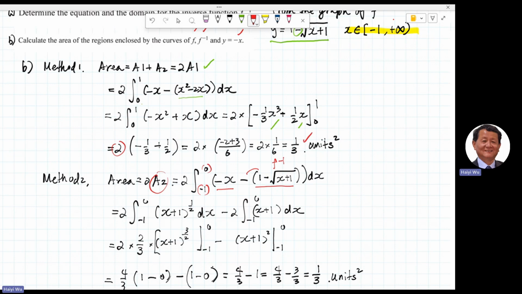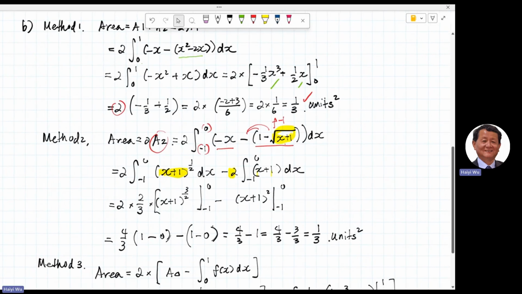I'm going to expand the brackets. The square root I'll change to the index 1/2. Then negative x minus (negative 1) becomes negative x plus 1.